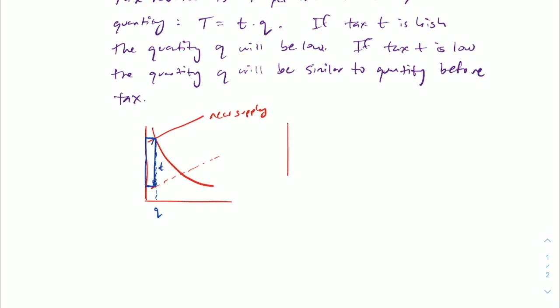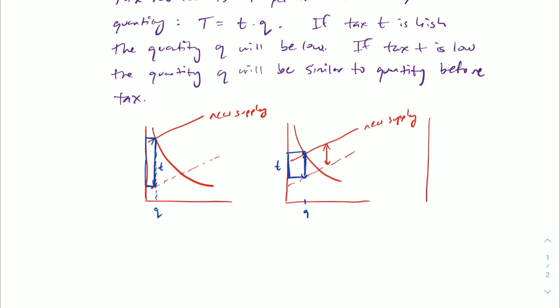Okay? If, however, we raise the tax a medium amount, so here's the old supply, and maybe we raise it up to here. This is the new supply. Then the T is going to be that amount, and the Q is going to be this amount. That's the equilibrium quantity.